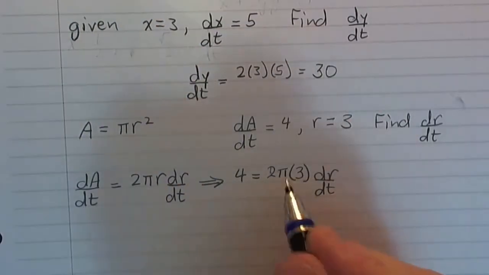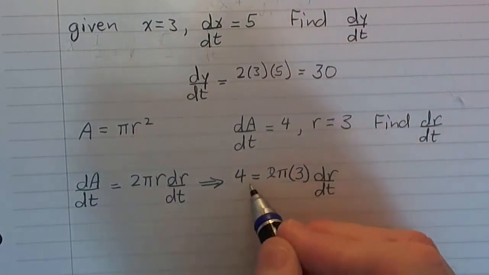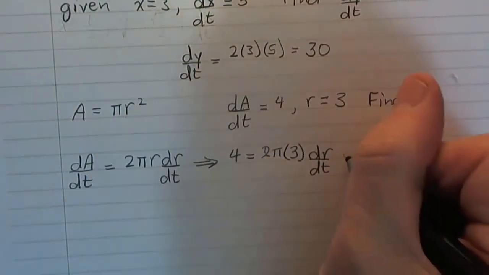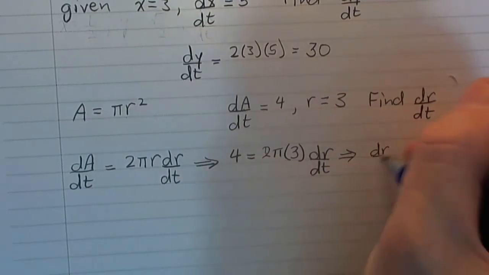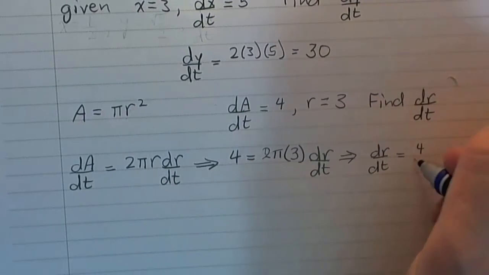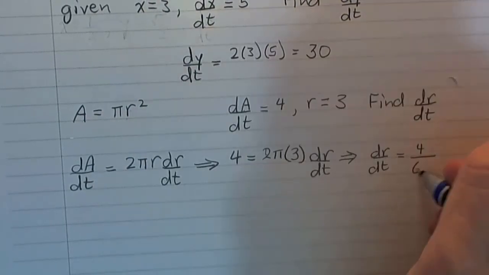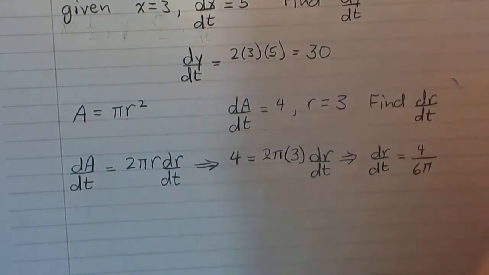Now we're almost done because they want us to find dr/dt. So here I go. I'm going to divide, and I'm going to get dr/dt is equal to 4 divided by 6 pi. That's it.